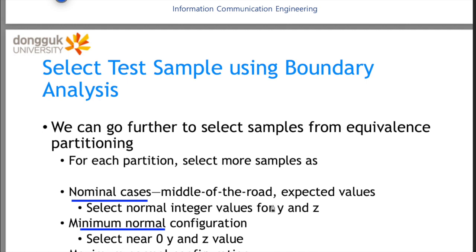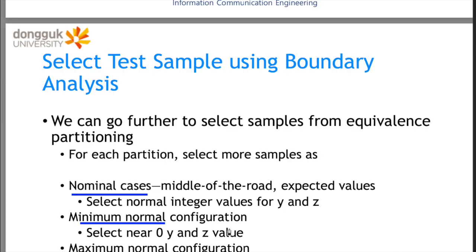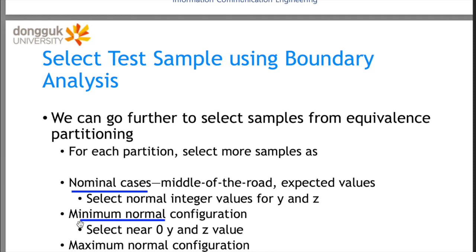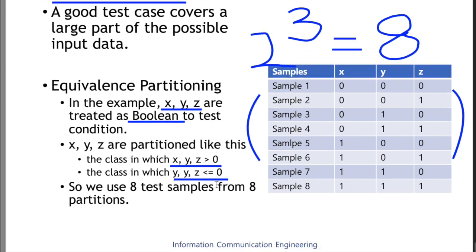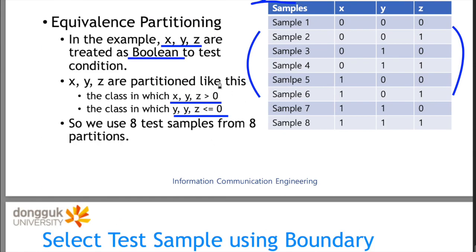One represents normal cases, like in this case, X, Y, Z is greater than 0 for these classes. Maybe you can select any arbitrary normal number for X, Y, Z, okay? And also you prepare a minimal configuration. In this case, maybe 1 or 2 will be minimal cases for these classes. And the other one is the maximum normal configuration. In this case, this is an integer.